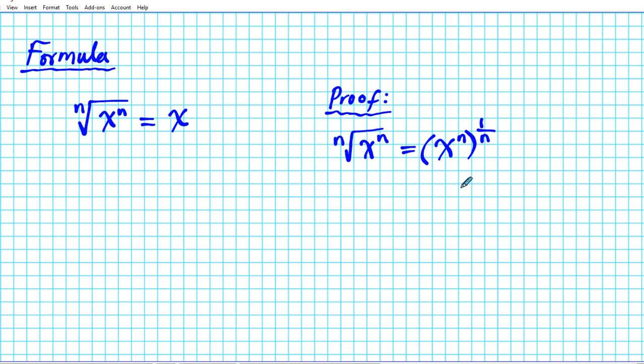Now you can use the power of a power property of exponents to rewrite this as x to the n times 1 over n. And what happens? The n's divide out, and you have x to the first power, which is just x. So this is the formula that we're going to be using to simplify radicals.